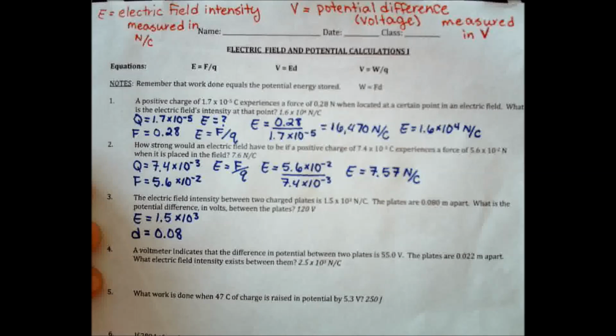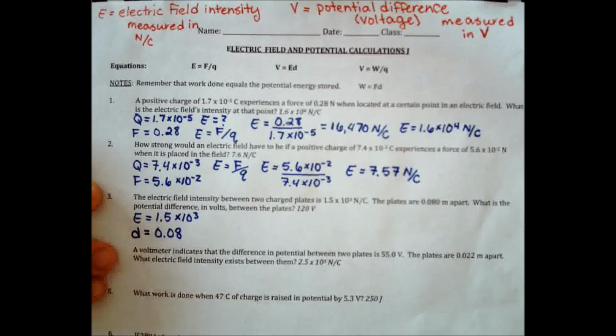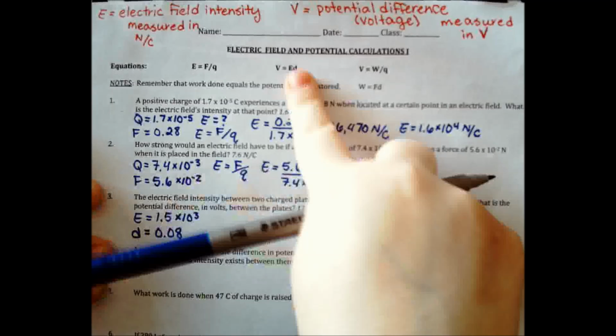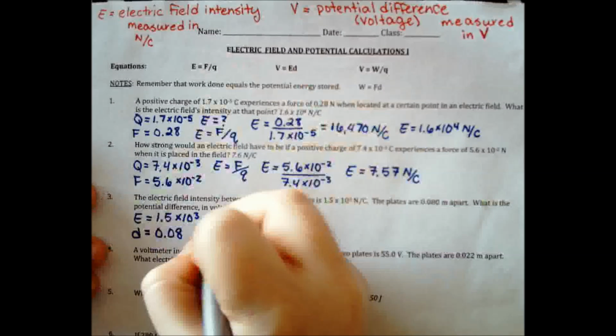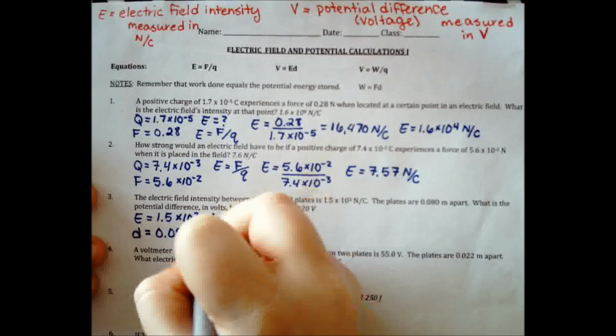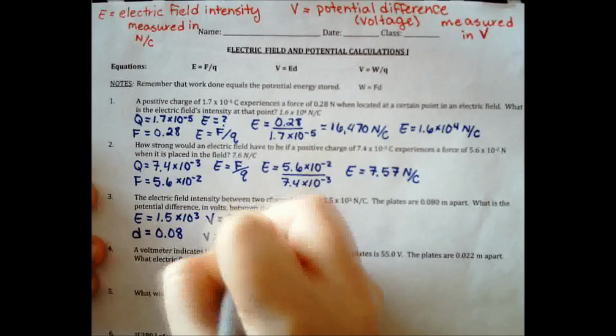What is the potential difference in volts between the plates? So we are looking for potential difference or voltage this time. We have field intensity and distance. So we're going to go to this equation, V equals ED.